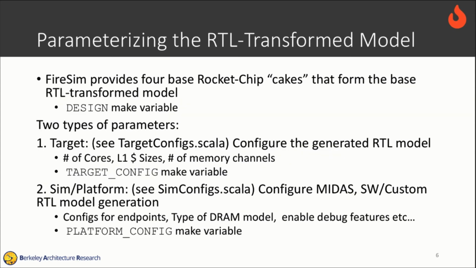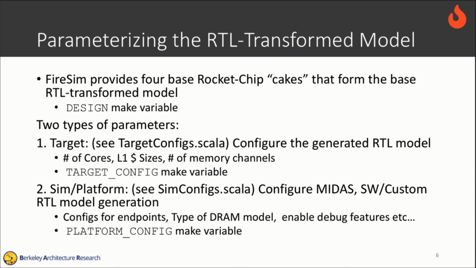Okay, so how can you change the RTL-transformed model? Well, the easiest way is to interact with it like you would interact with Rocketship, and that is to use the configuration system and pass in a particular parameterization. In the config, like the hardware DB recipes that Sagar had on one of his earlier slides, there were 3 variables: design, target config, and platform config.